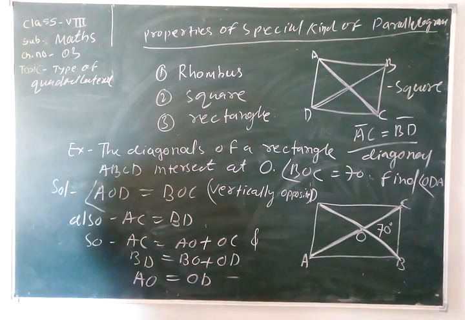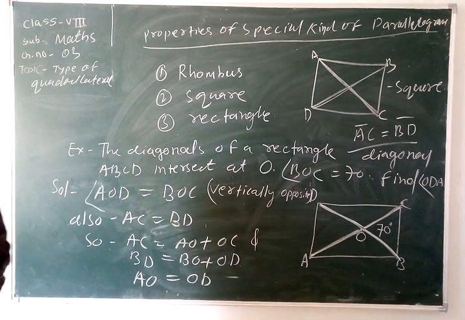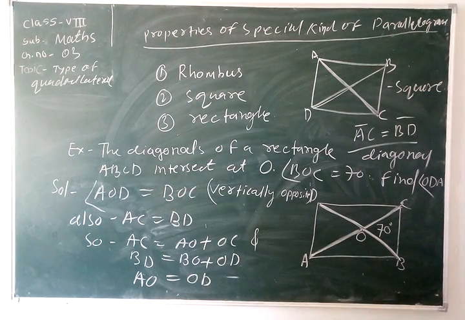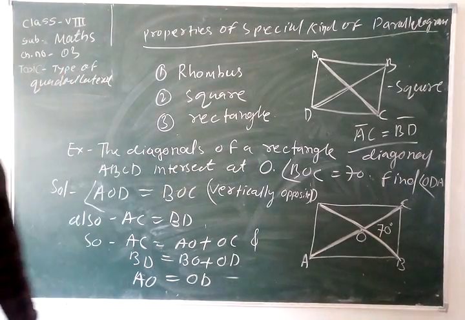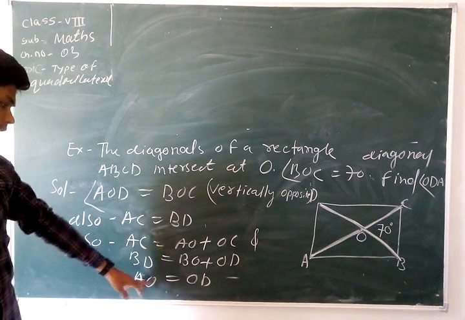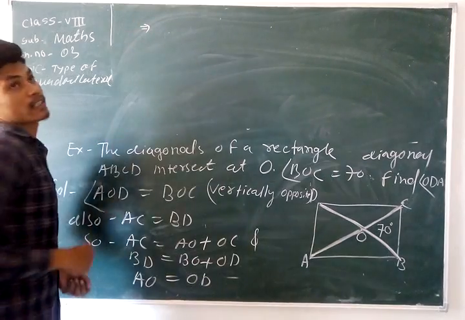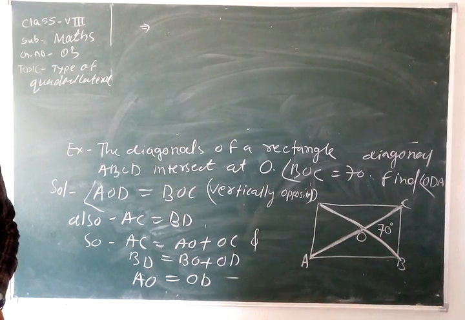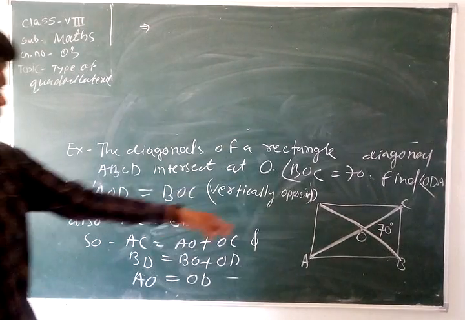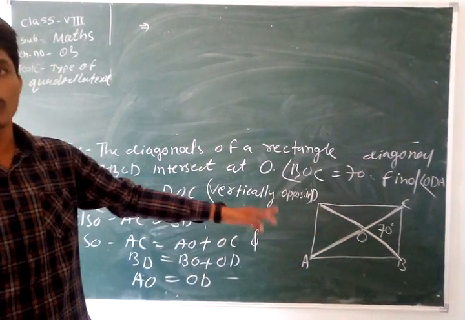Now let's verify it. Angle ODA equal to OAD, as angles opposite equal sides. Okay. So here AO equal to OD. And see the figure here. Angle ODA is opposite to OAD.